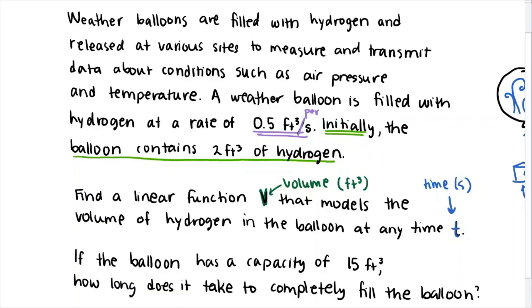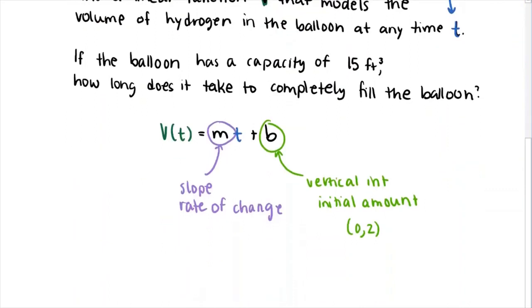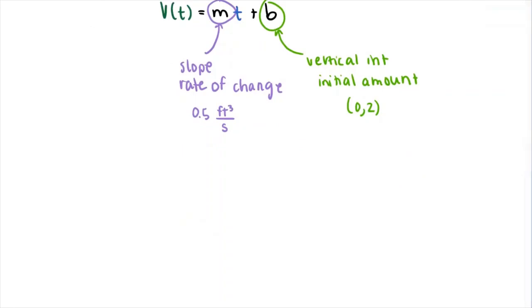So here, that's a rate in purple. So 0.5 feet cubed, the change in volume per 1 second. And so v of t is equal to 0.5 t plus 2.